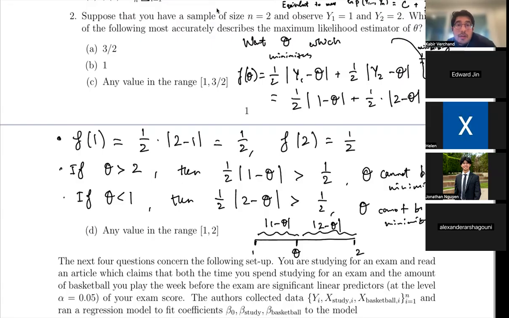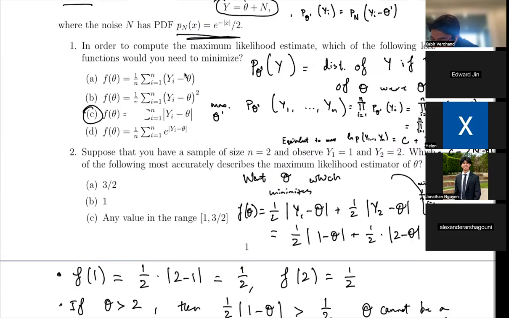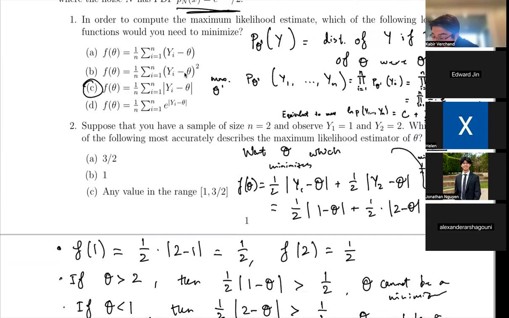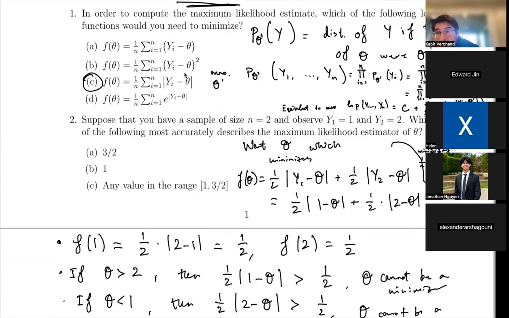There's a question in the chat. Someone asked, where do you get the value 1/2? There are a couple of places. This value 1/2 comes from the 1 over n, plugging in n equals 2. The 1 over n you don't really need; it won't affect your answer, since it's just scaling everything. So you don't need to carry around this 1/2 if you don't want to.